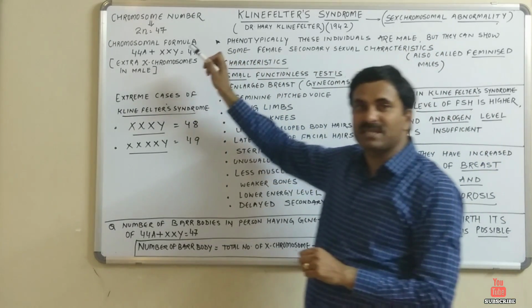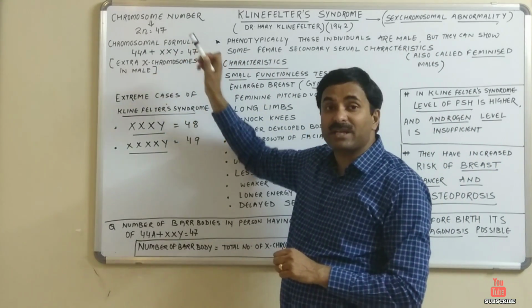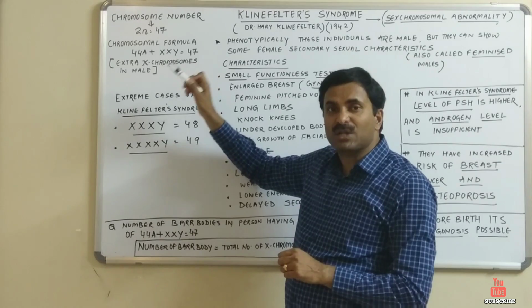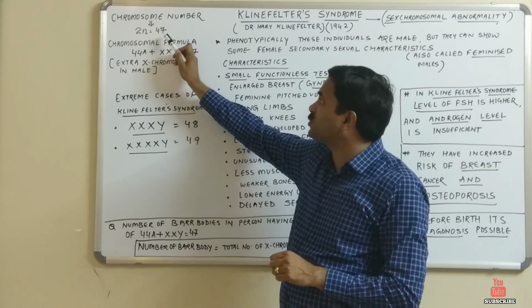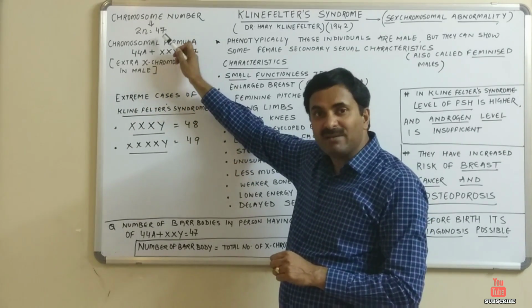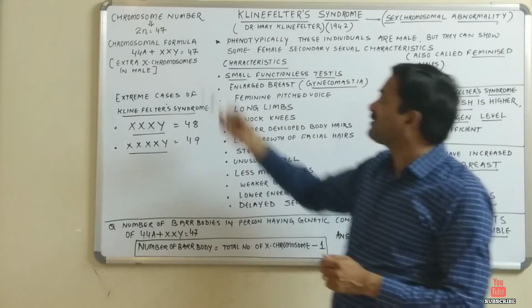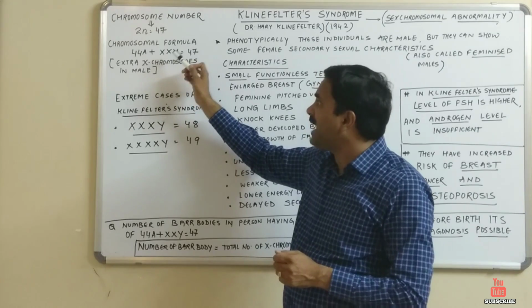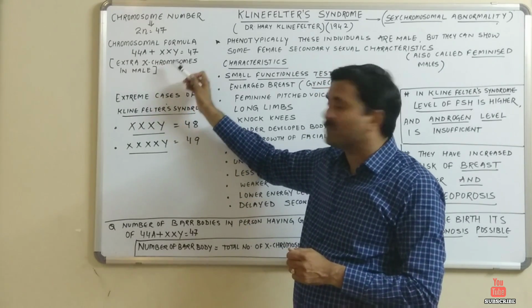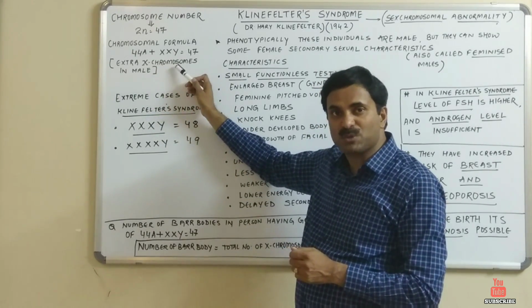So what happens here? The chromosome number in the male, instead of 46, comes out to be 47. Now why does this male have 47 chromosomes? The reason is that this male has an extra X chromosome.